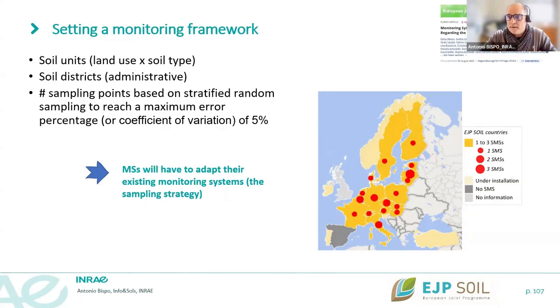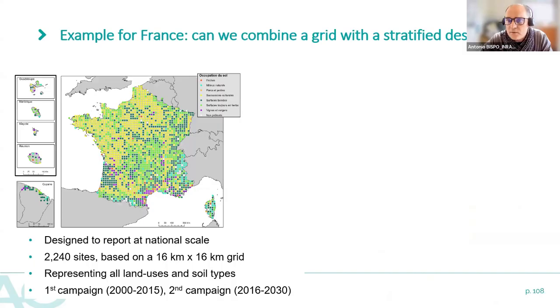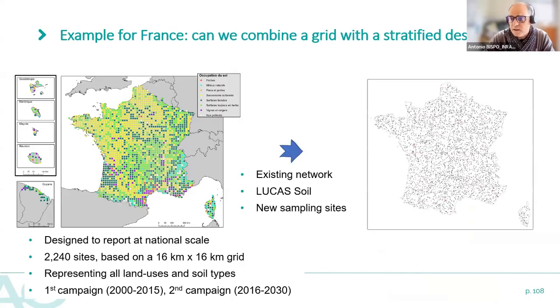For example, for France, I just took the next slide. I just took the example for France. We already have a monitoring network that is a grid design, a 16 by 16 kilometers grid. I think we already presented it in a previous meeting. It covers all of France, and it was designed at national scale.